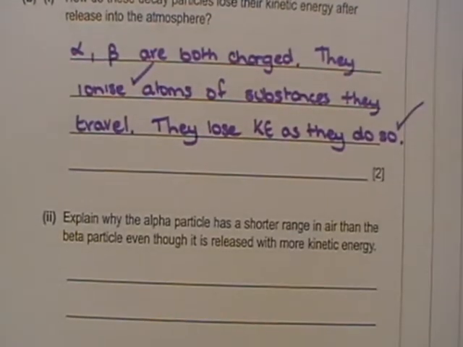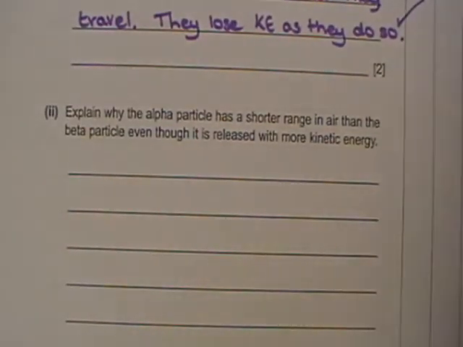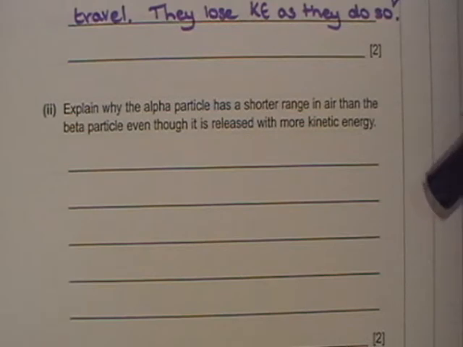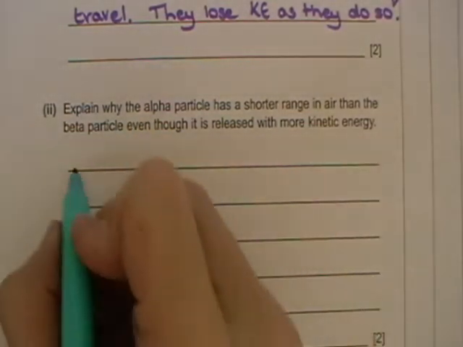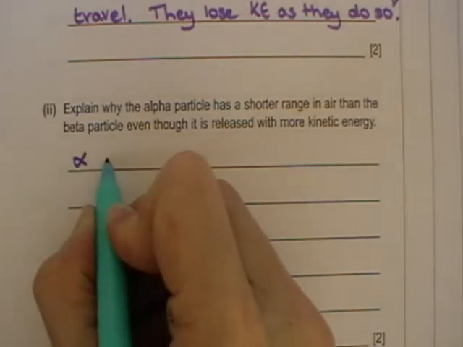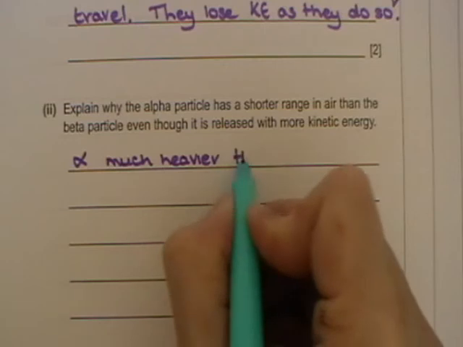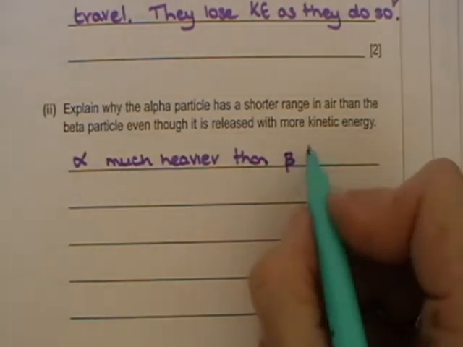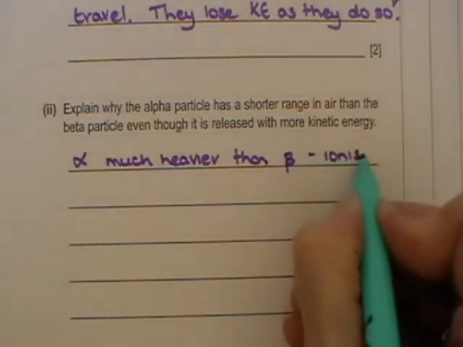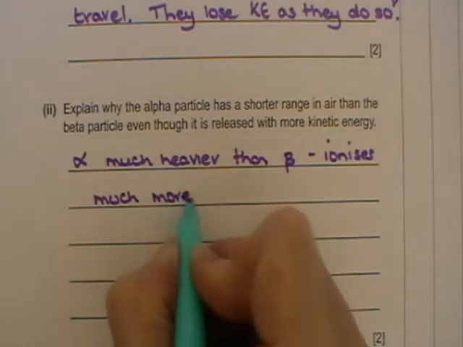Part 2. Explain why the alpha particle has a shorter range in air than the beta particle, even though it is released with more kinetic energy. So you're going to say something about the alpha particle being much heavier and therefore it ionizes much more readily, and that will get you 1 mark.